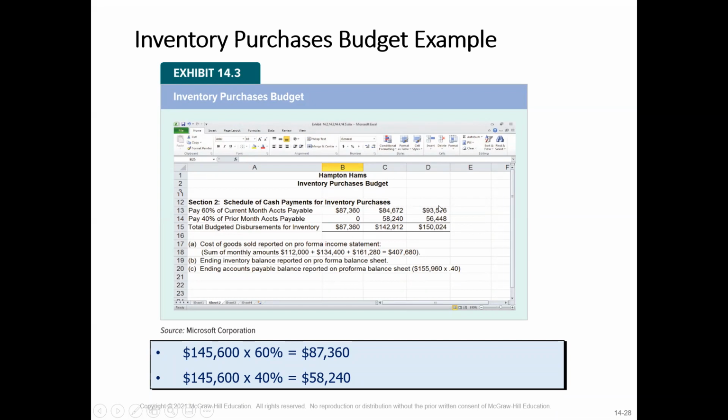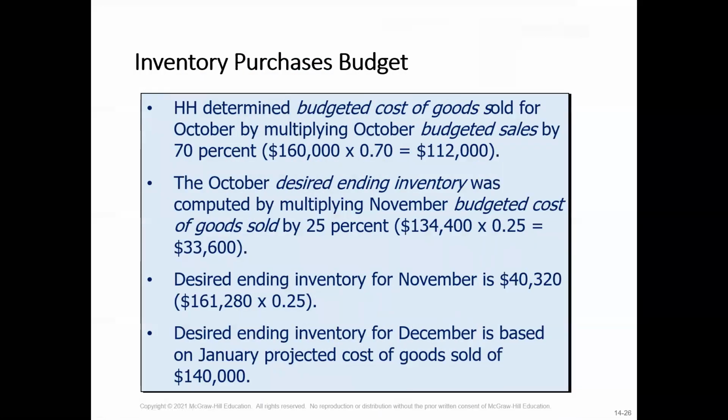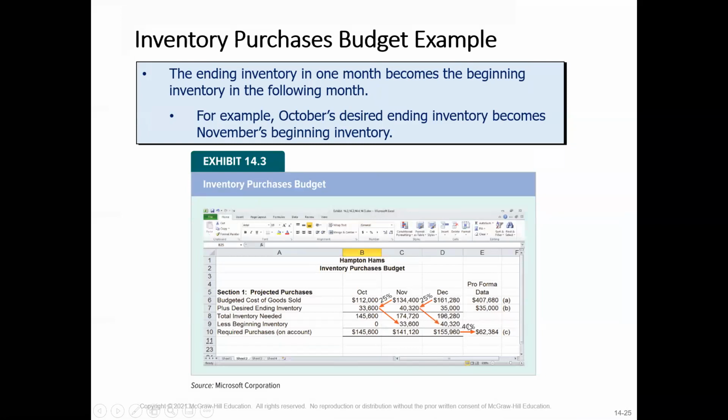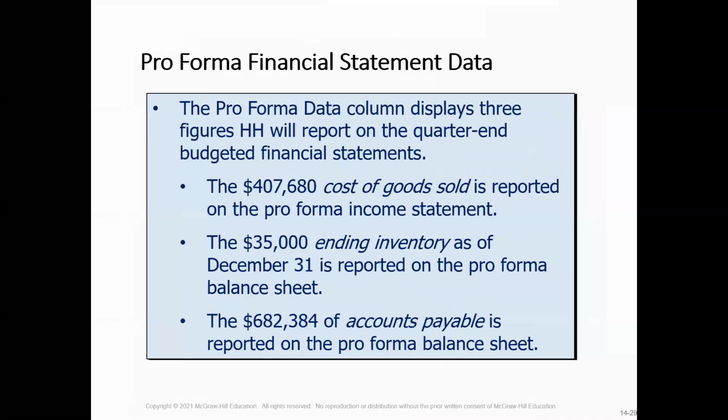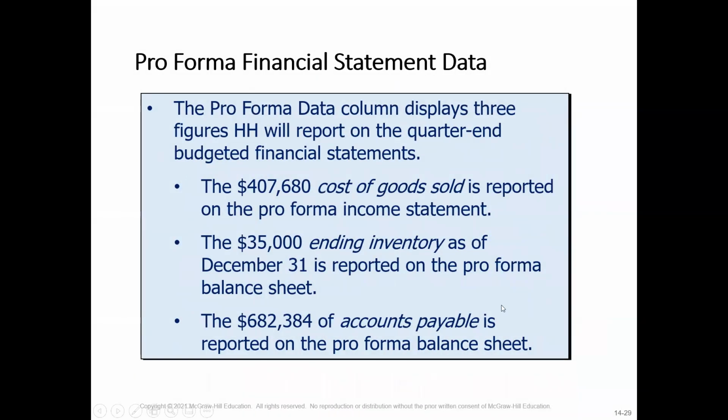And then for December, column D, you're paying 40% of the November purchases plus 60% of the December purchases. 40% of the December purchases at 12/31 would still not be paid, and that is the $62,384 figure. Oops. And that should be 62,384, not 682,384. A little bit of a typo in the book there, in the PowerPoints.